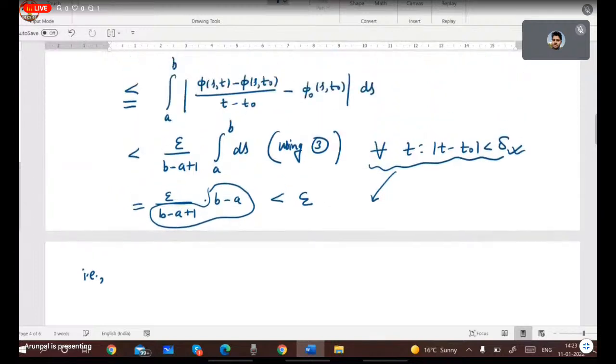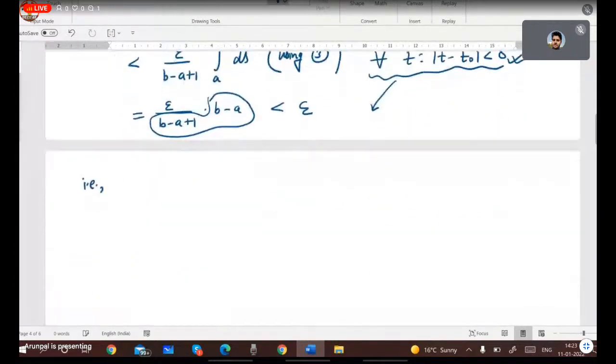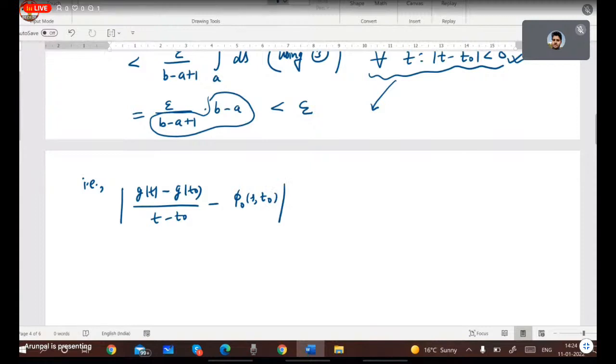So we are able to get a delta such that this difference is coming out to be less than epsilon for all those t which satisfy this condition. Is this okay, class?